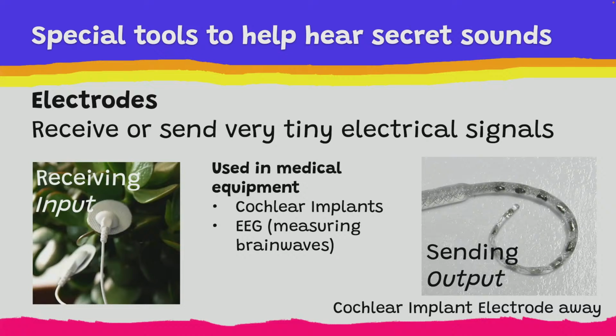So it's creating little sound waves using electricity to excite and stimulate the sound processing part of the brain. And so this gets implanted and curled up into the cochlea.